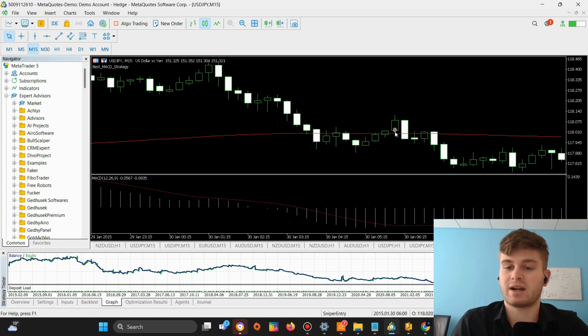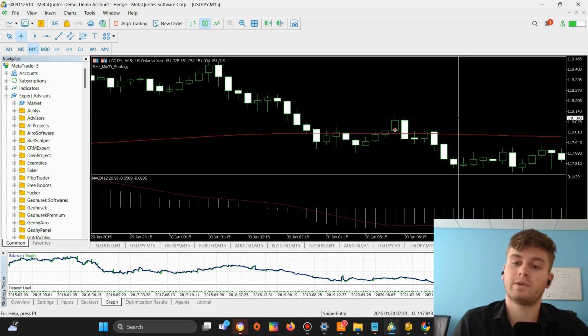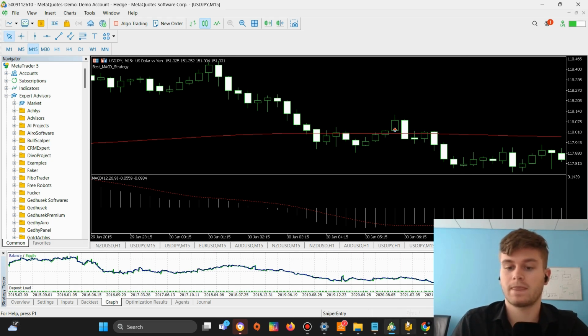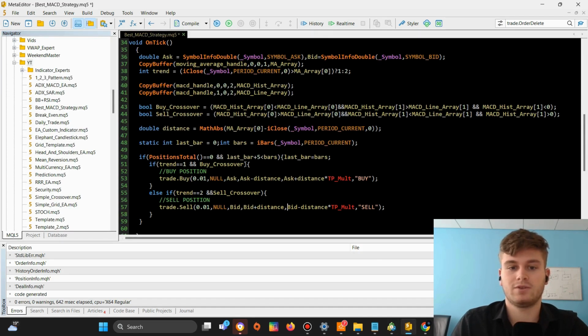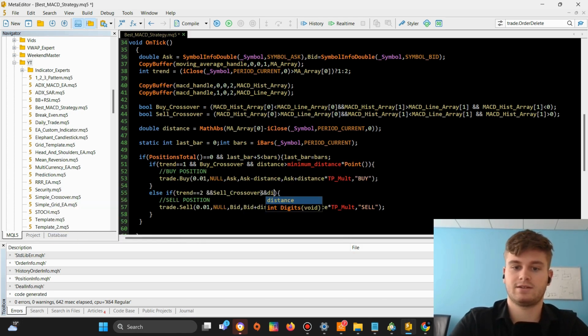So I will add a parameter called minimum distance, which will check the distance between the current price and the line, and if the distance is lower than the minimum distance, then there will be no position opened. So that's also something that you can do. So here you can check that the distance is higher than minimum distance times point, and the same thing goes here.